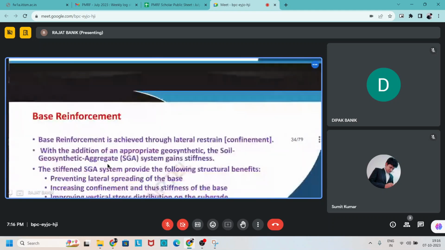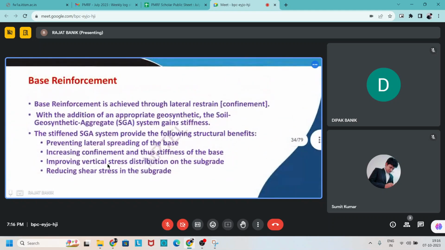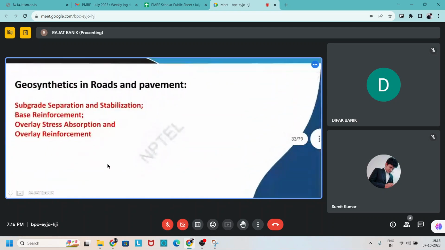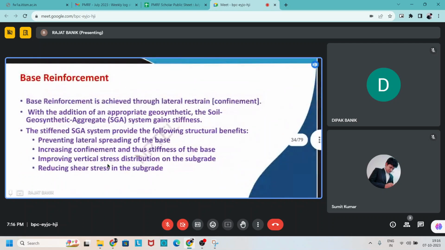Then already discussed this. Then geosynthetic material as base reinforcement. We know that the pavement thickness is divided into subbase course, base course, like that. Now we discuss the base reinforcement when we use geosynthetic material.